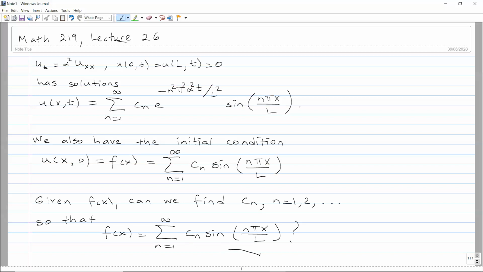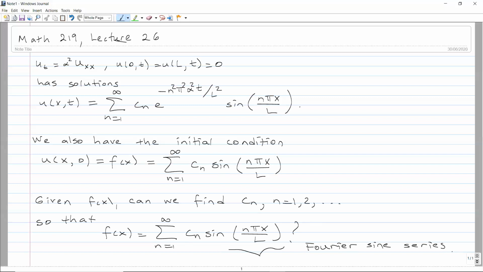Such a series is called a Fourier sine series. We obtained a sine function because of the boundary conditions. If you have different boundary conditions, you may get different functions here.